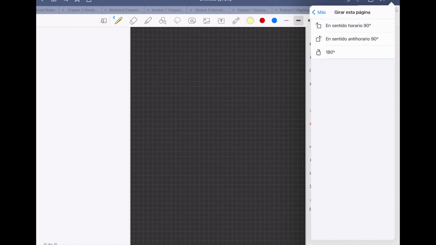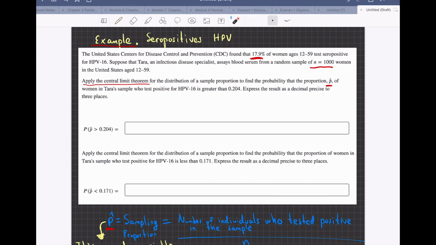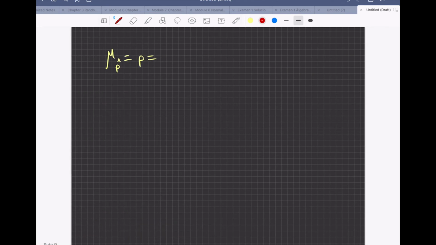So how do we proceed with this? The mean for p hat is equal to the proportion from the population, which I'm going to denote by P. In our example, it's 17.9%, or 0.179 without the percentage.